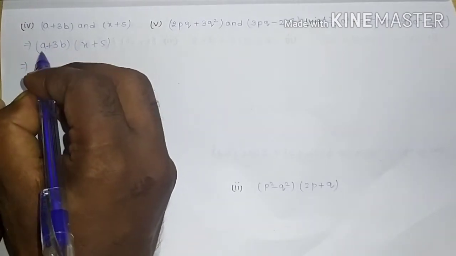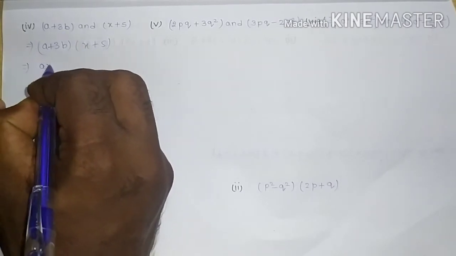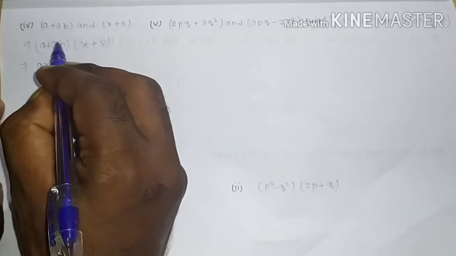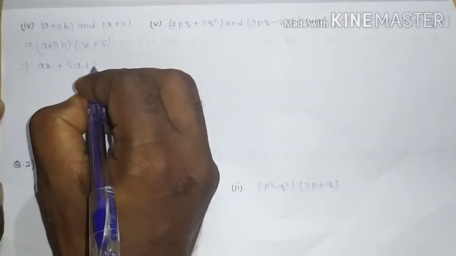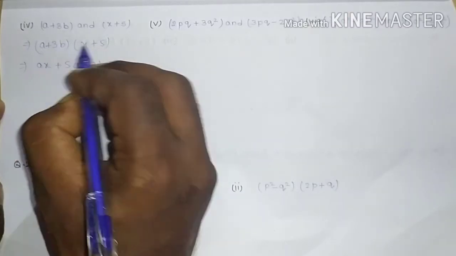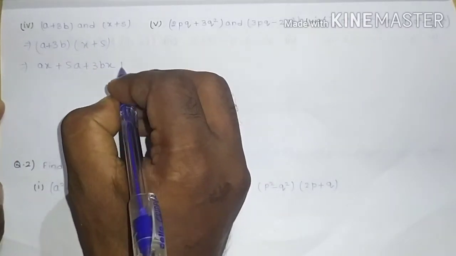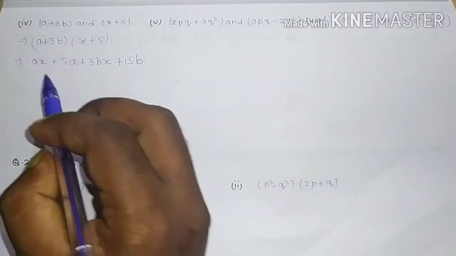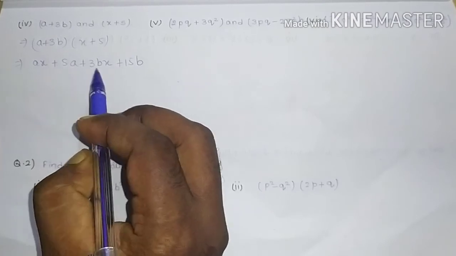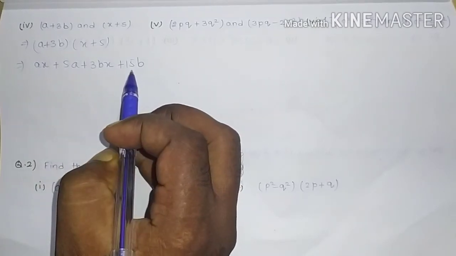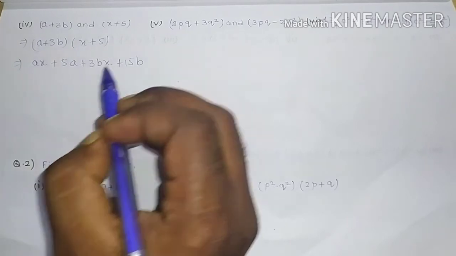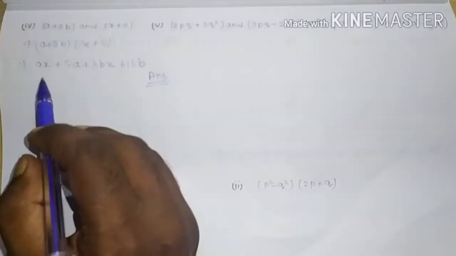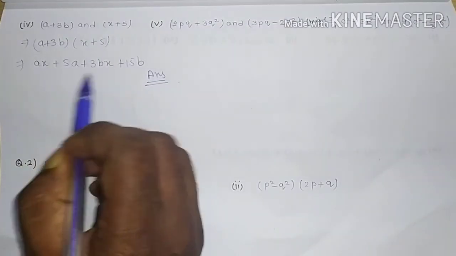Same process: a into x is ax, a into 5 is 5a, 3b into x is 3bx, 3b into 5, 3 5s are 15, so 15b. Now ax plus 5a plus 3bx plus 15b. There are no like terms to calculate, so this is the answer.